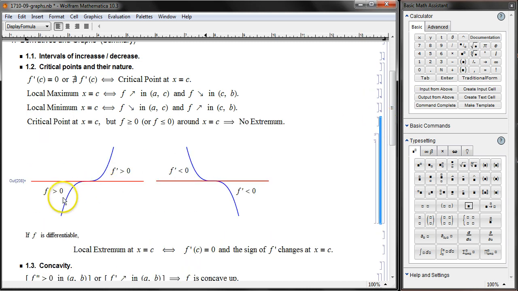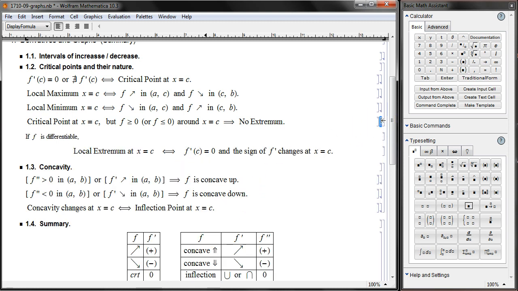No sign change, plus, keep on plus, negative, keep on negative. In that case, we do not have an extremum.